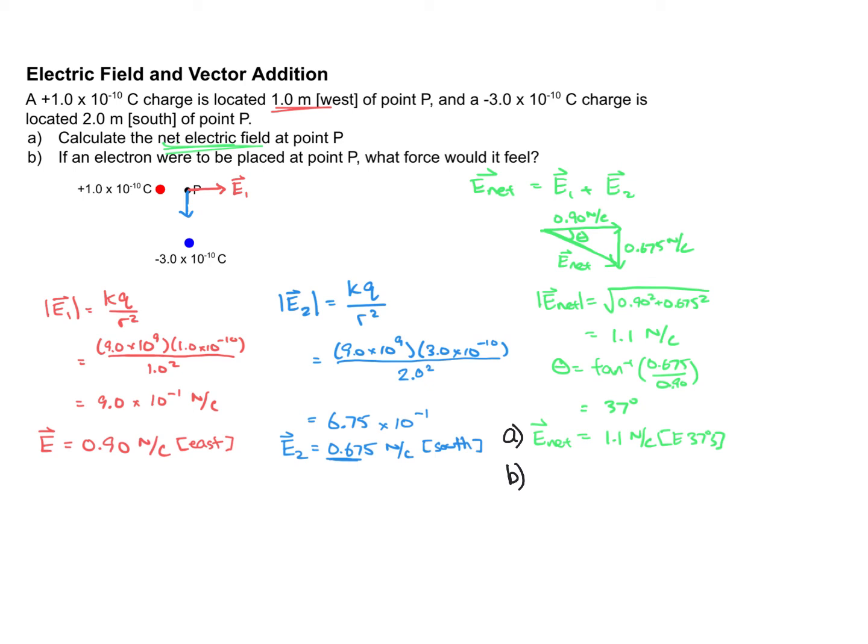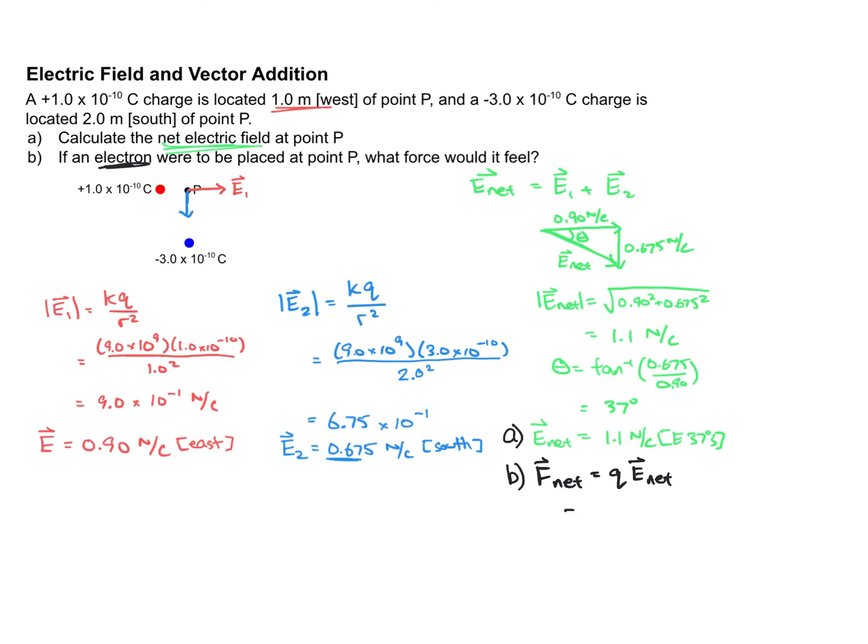So what if we were to place an electron at that location? Well, an electron is not 1 coulomb, but we know how many coulombs it is. So we can find the force just by multiplying our electric field by how many coulombs we have. The concept we're trying to get across here is that the net force, you just take the charge of whatever particle you're going to put there and multiply it by the net electric field.